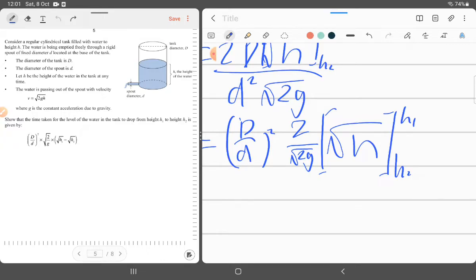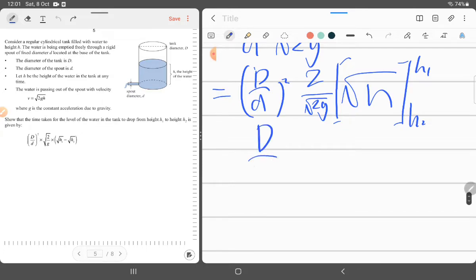Yeah, actually, that translates to d over d squared, square root of 4, square root of 2g.